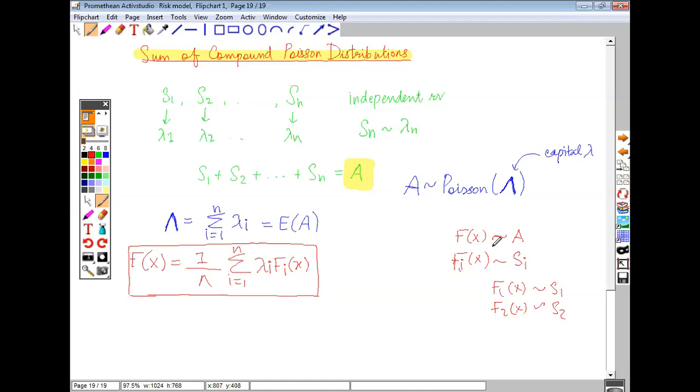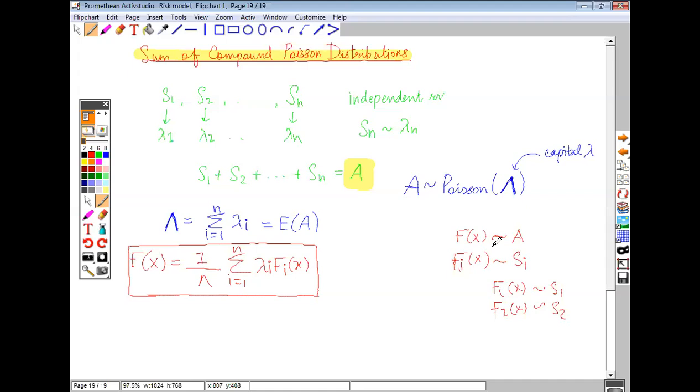It is the summation of all the lambda i's. So in a way, I am taking a weighted average of the distribution functions. My weights here are the lambda i's, and my quantity of interest is the capital Fi of x, and I'm assigning the weight of lambda i to each of those Fi's and then dividing it by the sum of all those weights, which is my capital lambda.